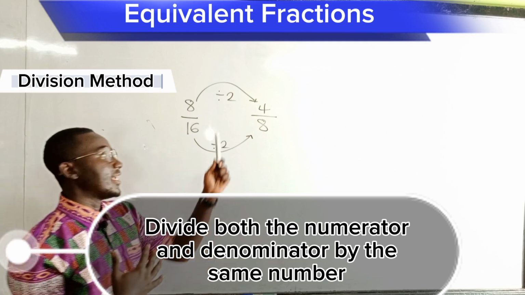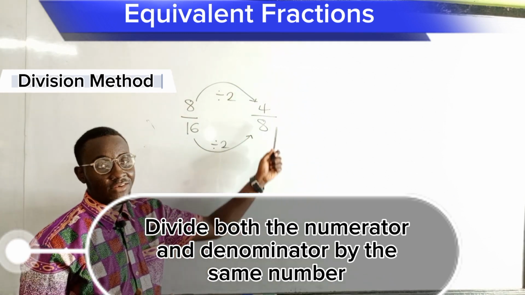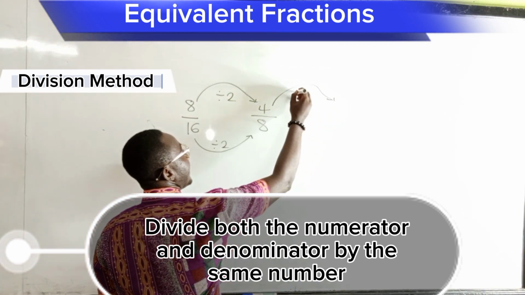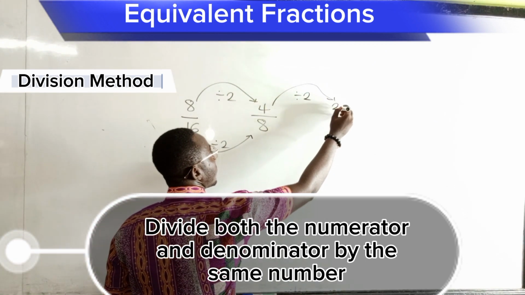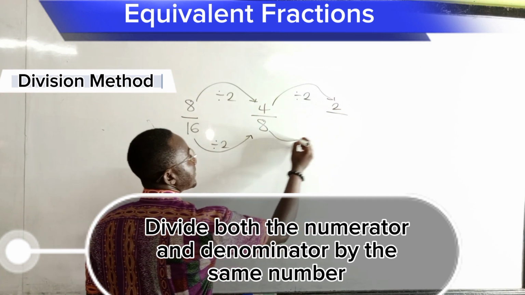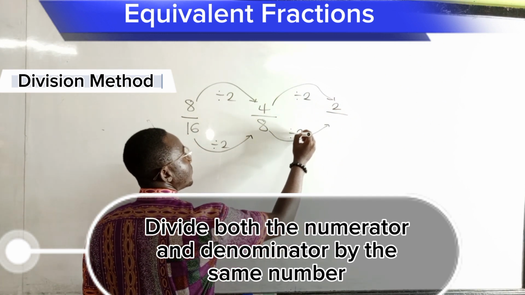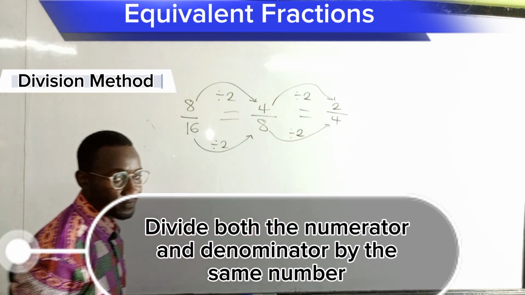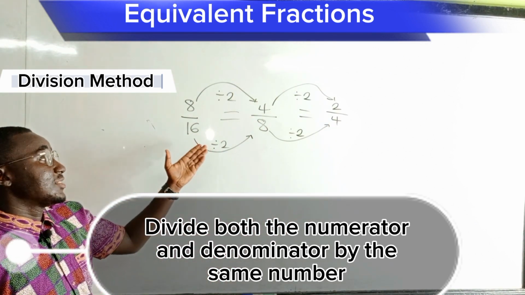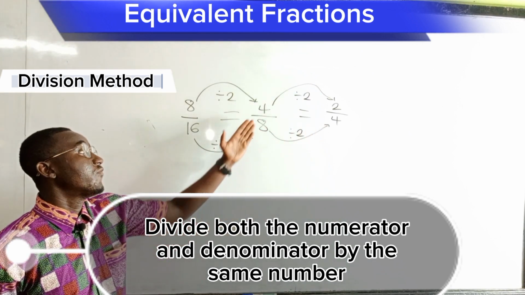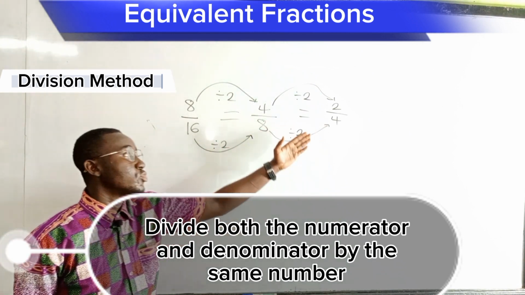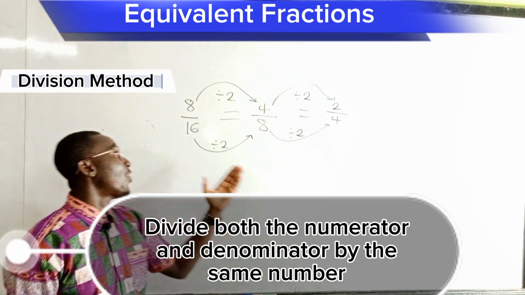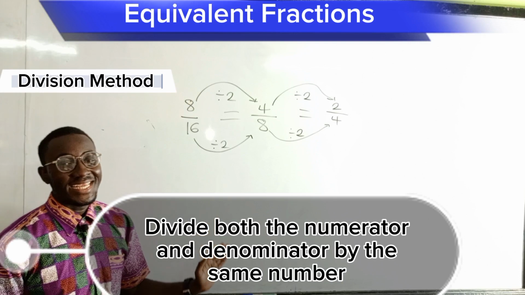So let me use that same 2 to divide 4/8. 4 divided by 2 will give you 2, and 8 divided by 2 will give you 4. So the next 2 equivalent fractions that I got were 4/8 and then 2/4. These are the next 2 equivalent fractions of 8/16.